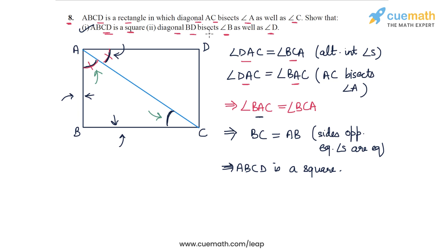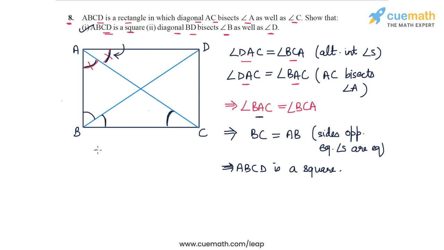Now we have to show that the diagonal BD bisects angle B as well as angle D. So here's the diagonal BD that I've drawn, and we will show that the angle at B gets bisected, and the proof for angle D can be done similarly. So we have to show that this angle CBD and this angle ABD are equal.